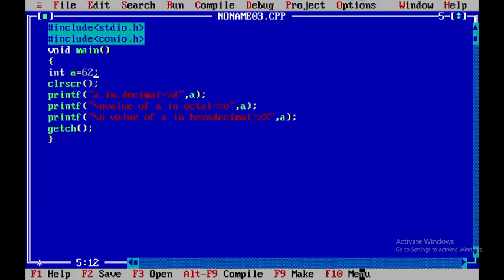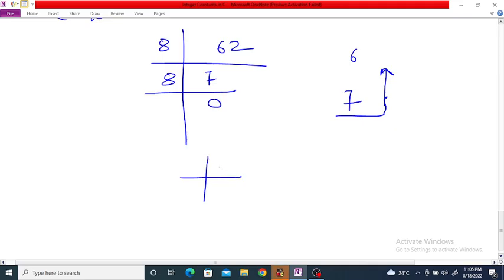Now if we want to convert it into hexadecimal, write 62 and divide by 16. The quotient is 3 and the remainder is 62 minus 48, which is 14.